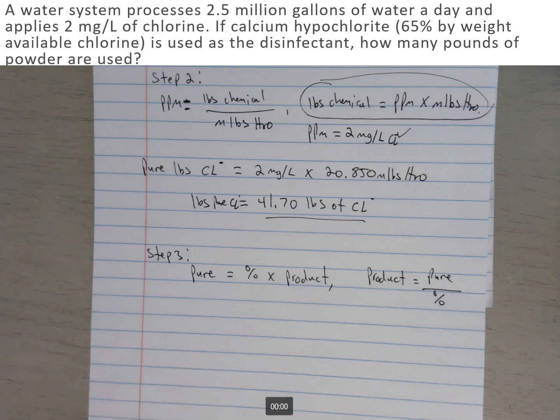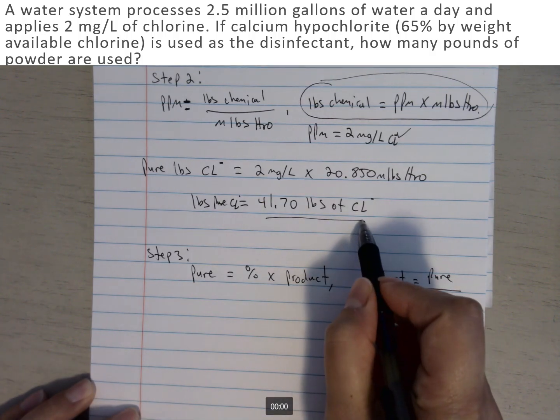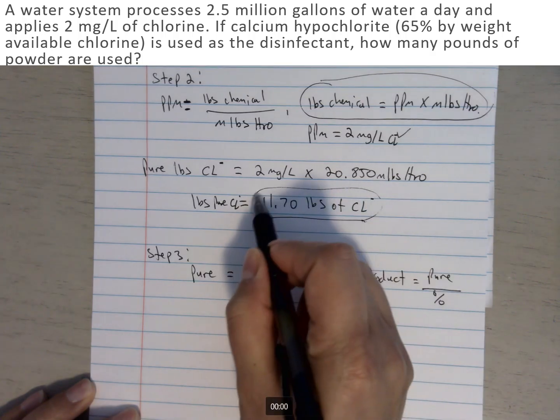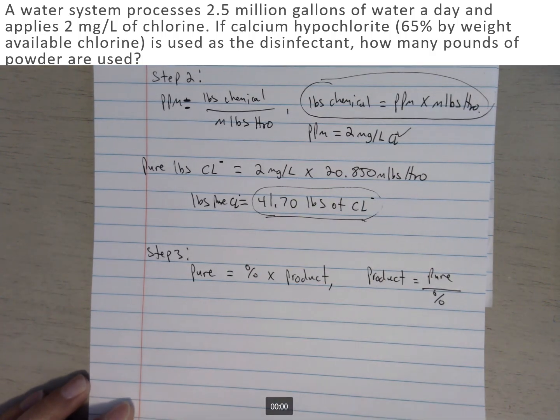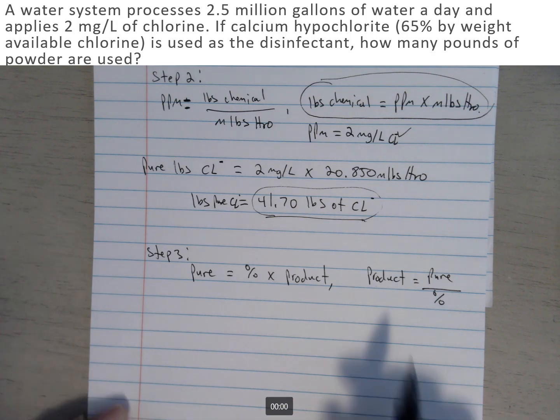The next step, again, is we have to find how many pounds of the powder. We have the pounds of pure chlorine, which we just calculated. What the problem statement is asking is how many pounds of the powder do I have to add to be able to add 41.7 pounds of pure chlorine?